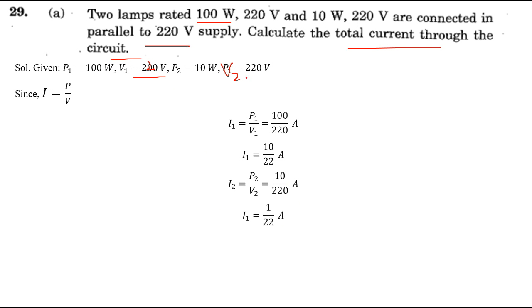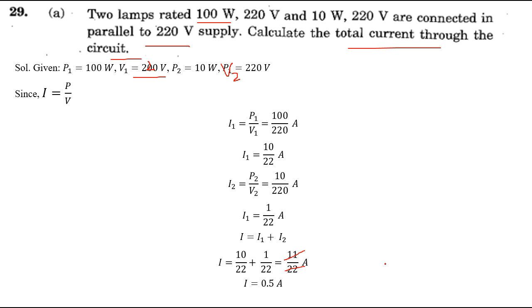Since both lamps take the current we have seen, we can add both currents to get the total current in the circuit. So I equals I1 plus I2, which gives 10 upon 22 plus 1 upon 22, that is 11 upon 22, and when we cancel this, we have 0.5 amperes. So this was a very easy question.